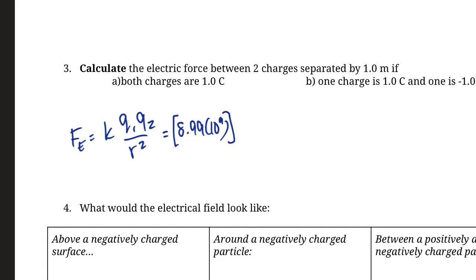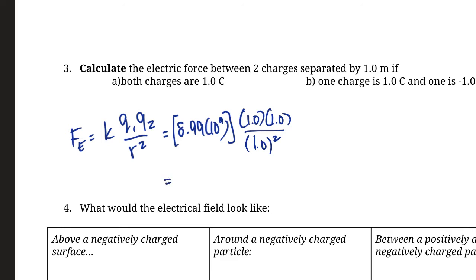Our Q1 and Q2 are both 1 coulomb, as per the question, and we're going to divide by 1 meter squared. Notice I didn't put units, because everything is in the standard units that are going to work for this. For the charge, we need coulombs, for the distance, we need meters, and K is already in those units.